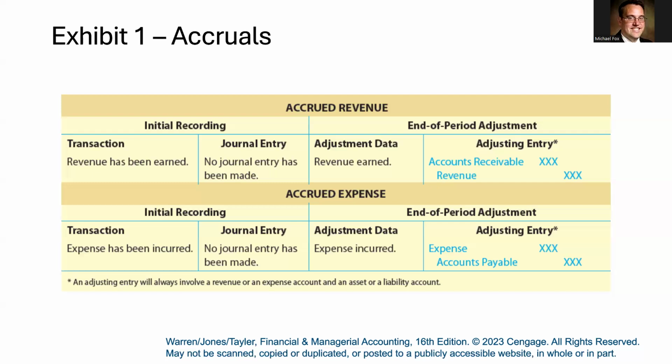So our initial transaction is that there isn't one. No revenue has been recorded yet, though it has been earned. And then at the end of the period, they do an adjustment, right? They figure out how much revenue they've earned by looking at all the customers they've done service for, and they enter an adjusting entry. The debit to accounts receivable, that means money owed to them, and a credit to revenue.